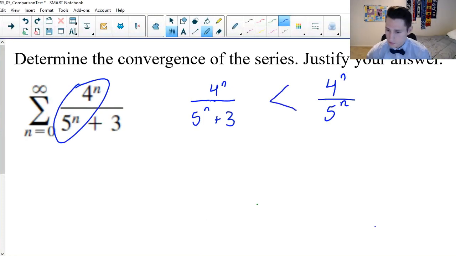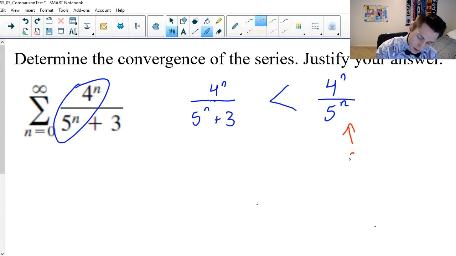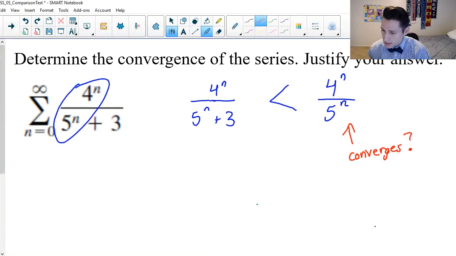So if I can prove that the right side converges, then my original series must also converge, since the left side is less than the right.